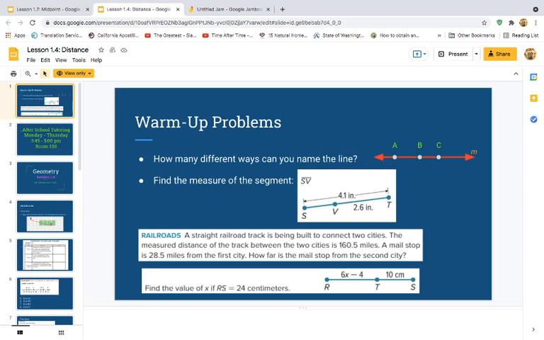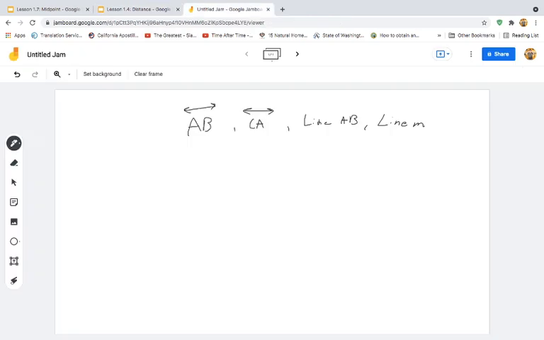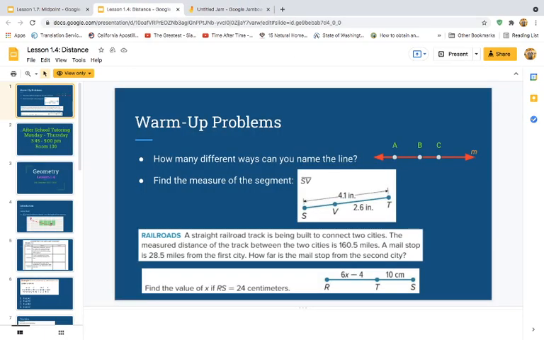Okay, well, first thing is first, let's go ahead and draw what we know. And we know we are dealing with a straight railroad track. So what do you think that's going to be? That, of course, is going to be a line. In this case, a line segment. So a straight railroad track is being built to connect two cities.